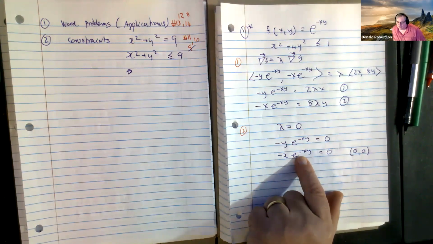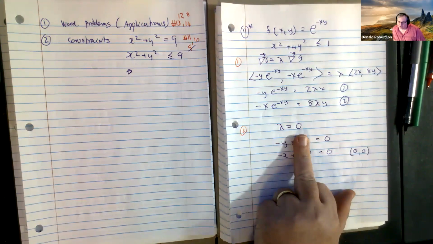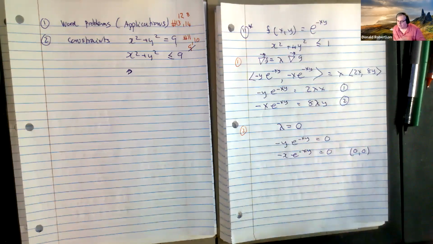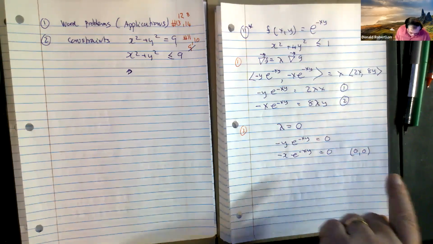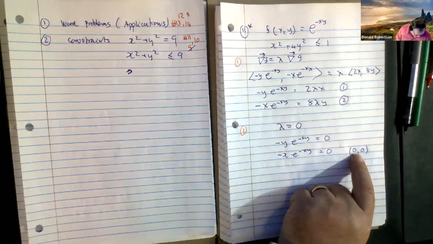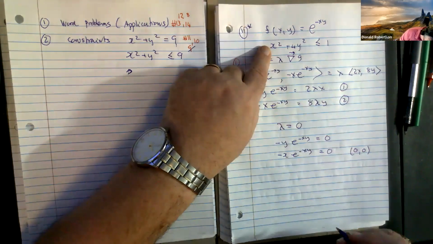So here's my argument. Isn't e to the negative xy never 0? So aren't you basically trying to solve when is negative y 0 and at the same time when is negative x 0? Isn't that only going to happen when they're both 0? So that's kind of my solution. Now that may or may not be a usable one, so we have to go back to the constraint.